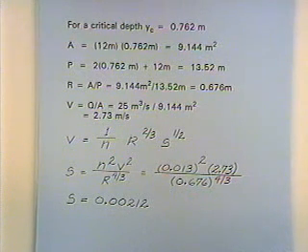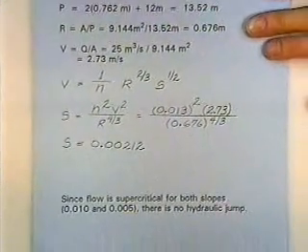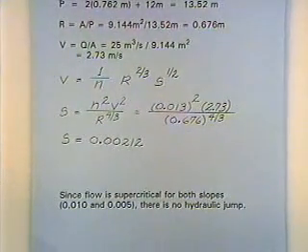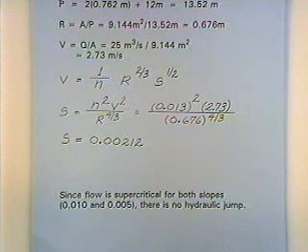Now, that's the slope that I would have to have for a uniform flow depth of 0.762 meters to occur. And the significance of the 0.762 meters, that's critical flow depth.